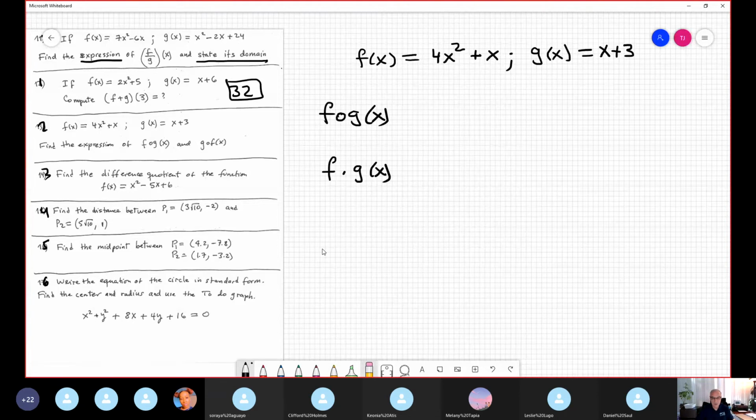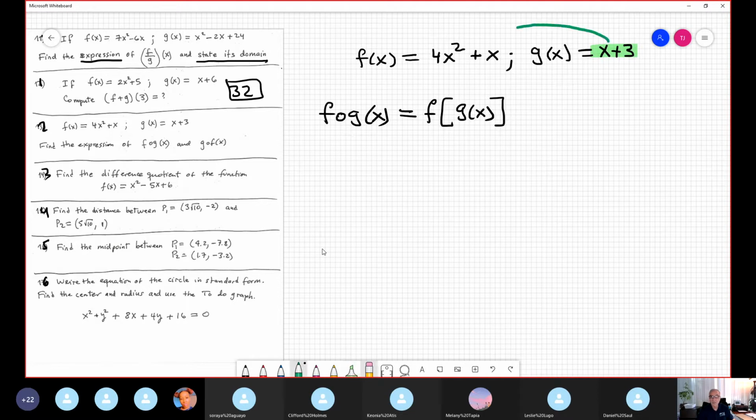And what does composition mean? Another way to see composition, since this symbol is not good for you to understand the idea, is you put a bracket and G is inside. So you take that expression and substitute it here and here.